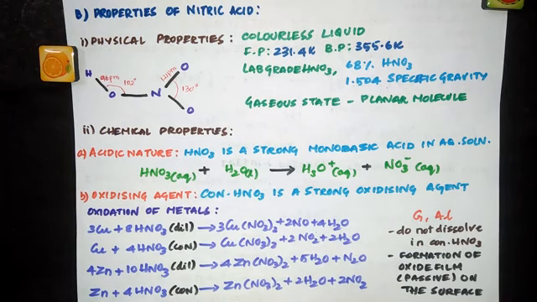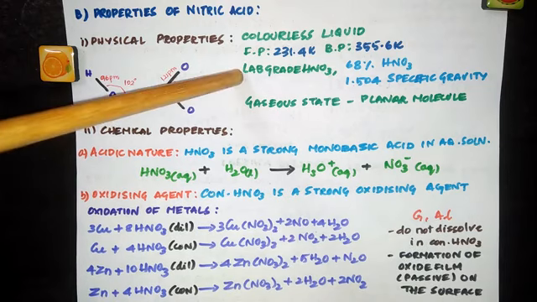Specific gravity is nothing but the relative weight of a liquid compared to an equal volume of water. Liquids that are lighter than water have a specific gravity less than 1, and liquids that are heavier than water have a specific gravity greater than 1.